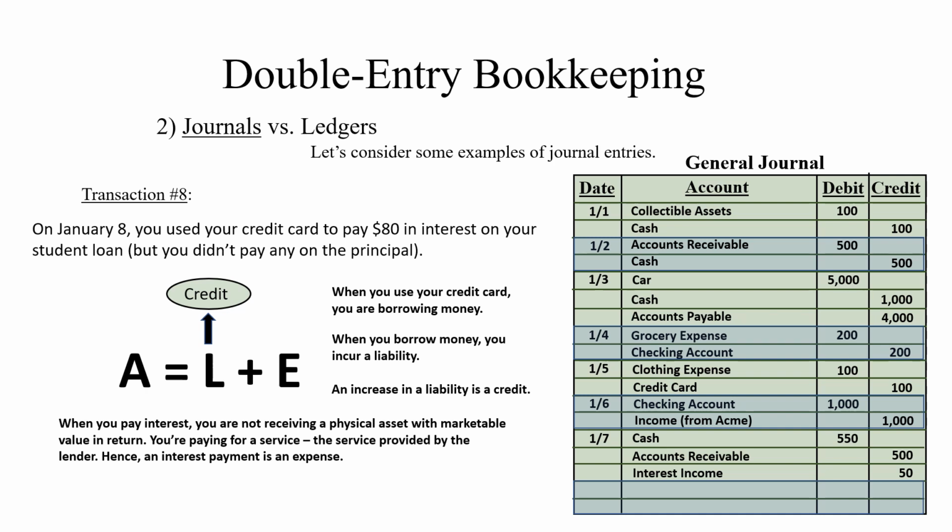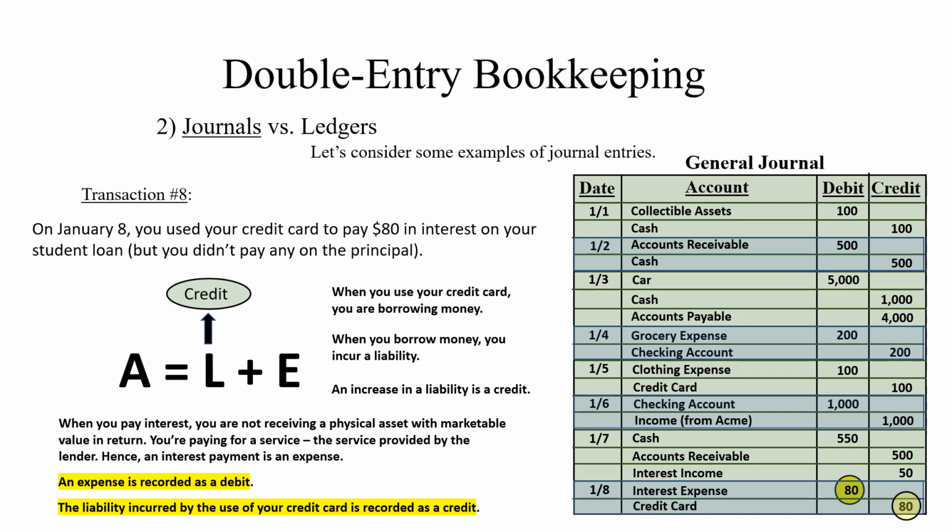You're paying for a service, the service provided you by the lender. Hence, an interest payment is an expense. An expense is recorded as a debit. And the liability incurred by the use of your credit card is recorded as a credit. And finally, notice that the debits and credits for this transaction are equal.